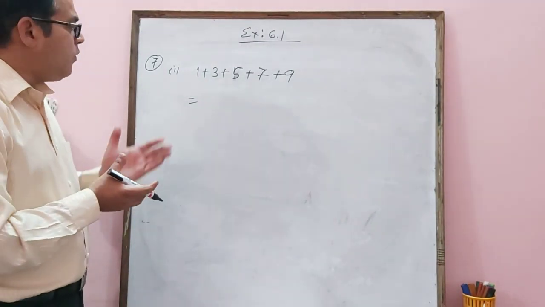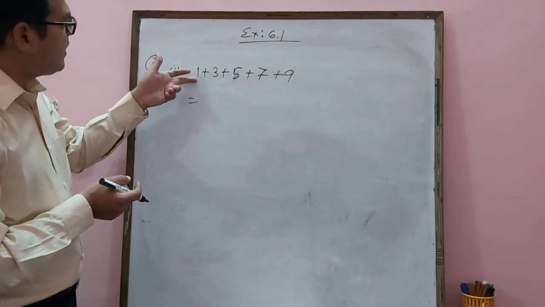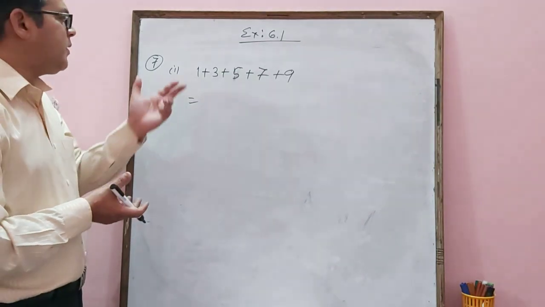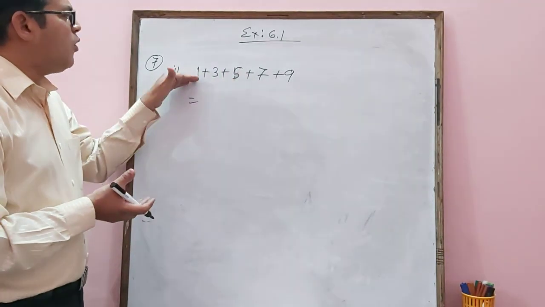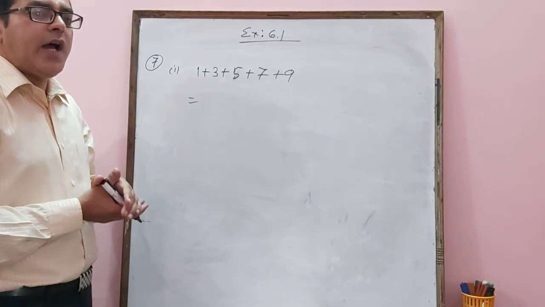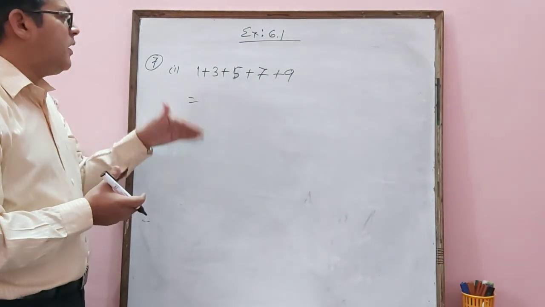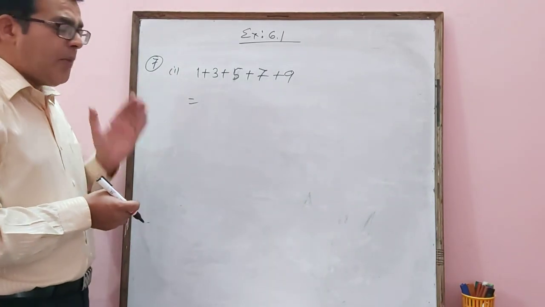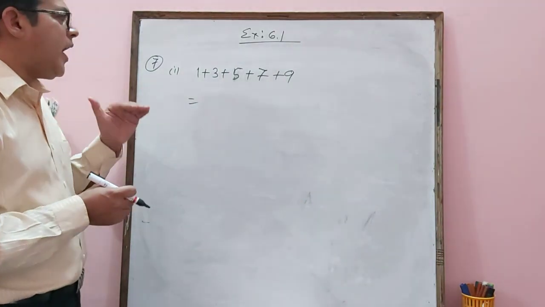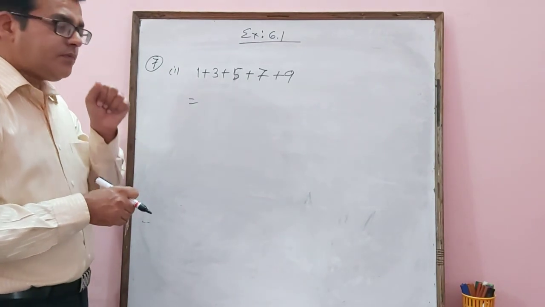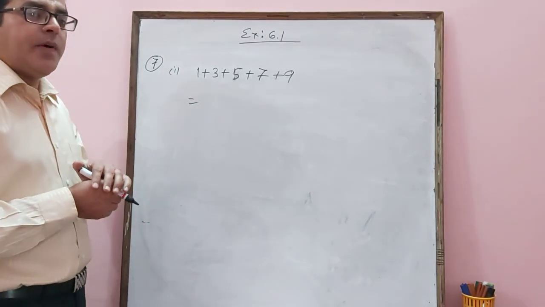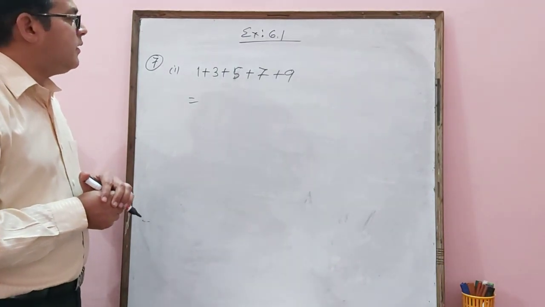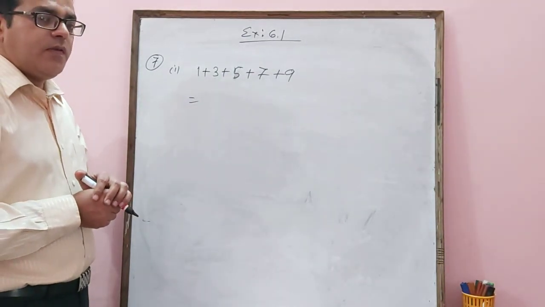What is the property? You can see this is the sum of the first 5 odd numbers: first, second, third, 4 and 5. These are consecutive odd numbers. The rule of that property of squares says that if we add the first n odd numbers together, then the sum is n square.